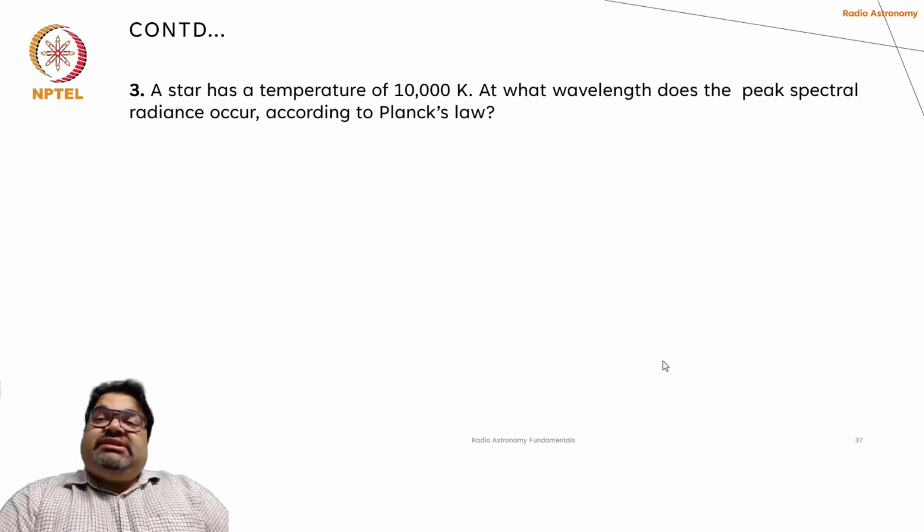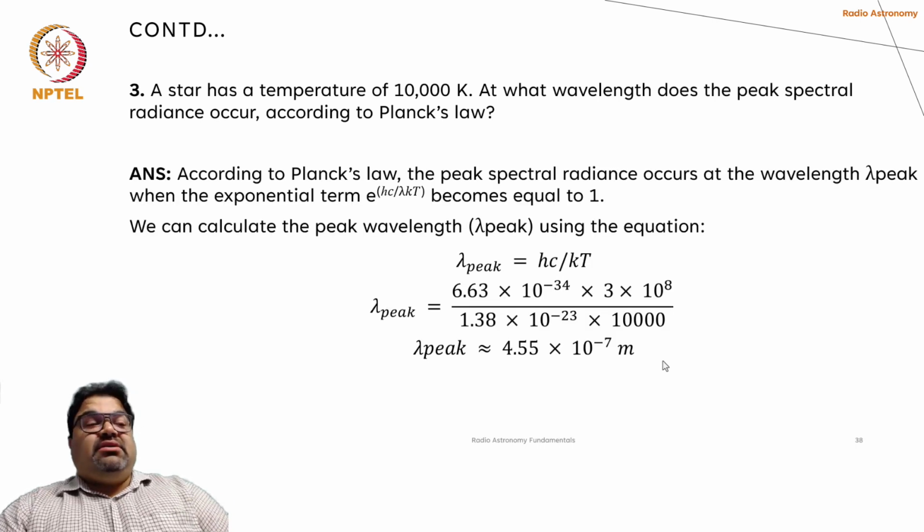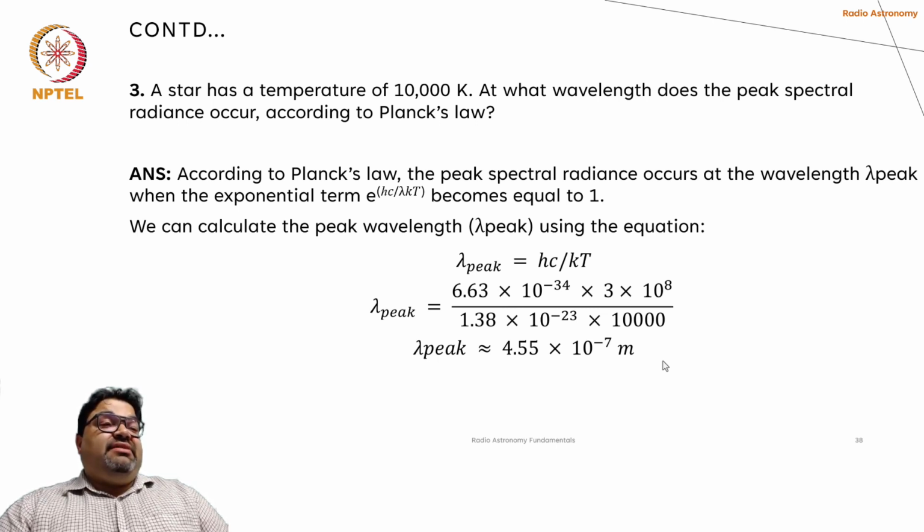The next question we have: a star has a temperature of 10,000 Kelvin. At what wavelength does the peak spectral radiance occur according to Planck's law? Now, according to Planck's law, the peak spectral radiance occurs at a wavelength lambda peak when the exponential term e to the power hc over lambda kT becomes equal to 1.